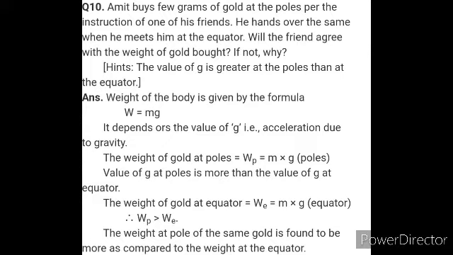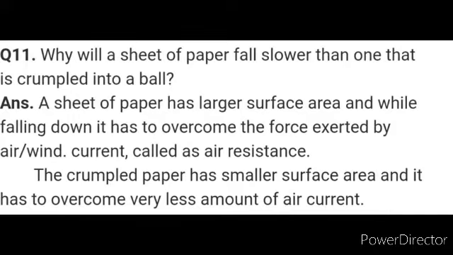Moving on with question number 11. Why will a sheet of paper fall slower than one that is crumpled into a ball? If you have a crumpled ball of paper, it moves faster. And if you have a plain sheet of paper, it falls slower.